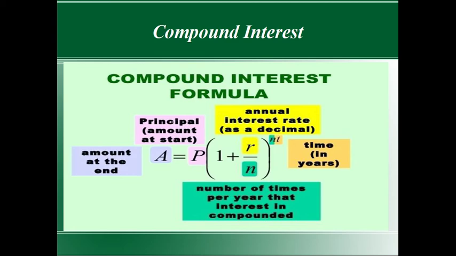In this formula, A is the amount at the end of the time that the money was in the account, and P is the principal amount that you start with. R is the annual interest rate, usually as a decimal in the formula. And then T is the time in years. And N is the number of times per year that interest is compounded.